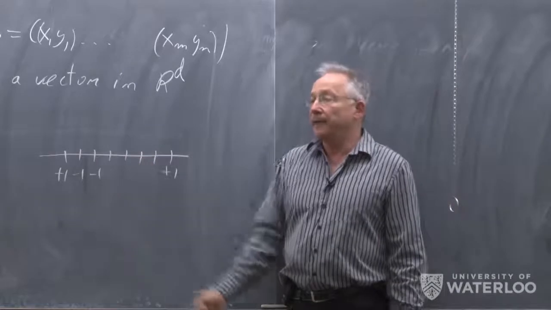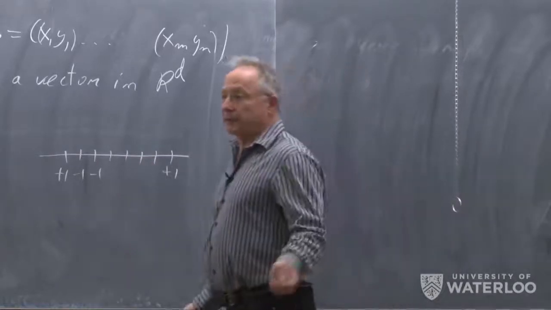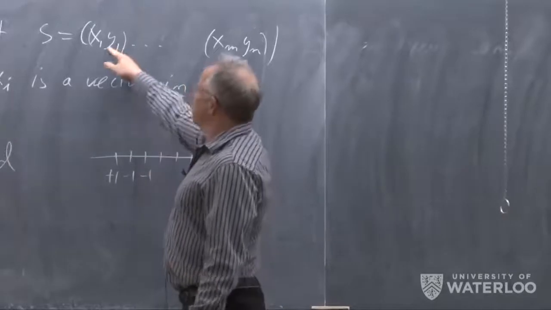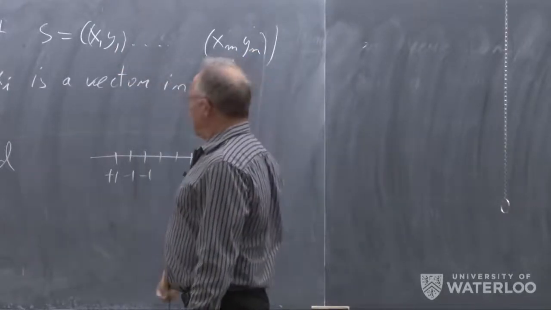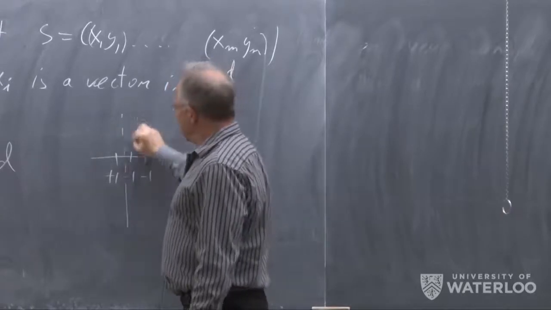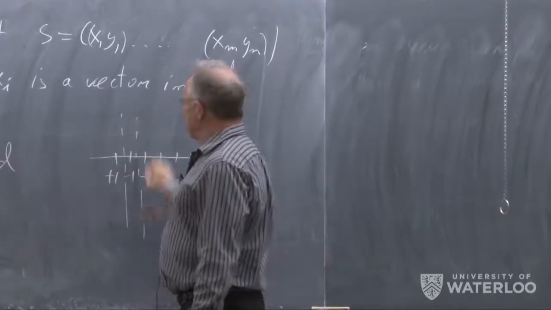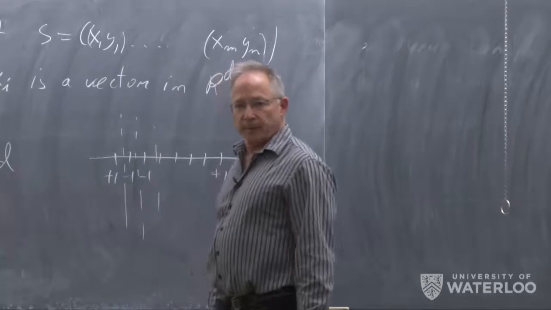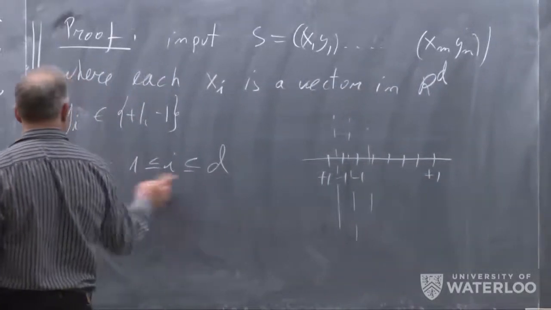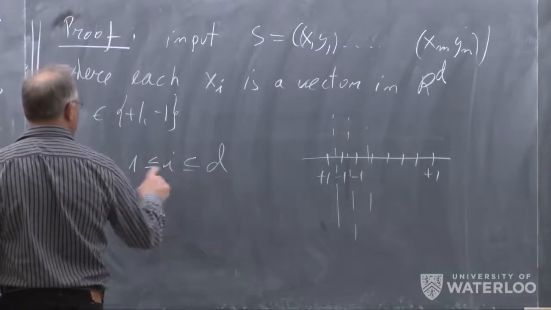Yes? M, or M+1. Just M+1, because I have here M points, which are the projections of those M points. And I just have to consider what will happen if I take a threshold here, what will happen if I take a threshold here, and so on. So we picked an i.